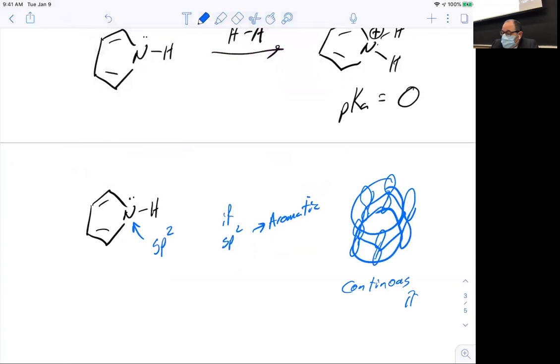And then if we count our electrons, we have 2, 2, and 2. So we end up with 6 pi electrons. So by Huckel's rule, that's aromatic.